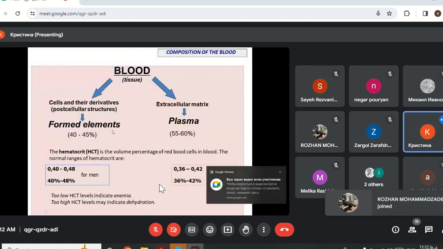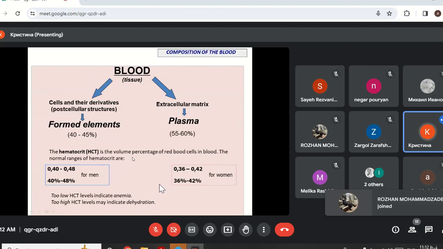We have the so-called hematocrit, HCT, which shows the volume percentage of red blood cells in blood. So it's the rate of the formed elements of blood, how much volume all the formed elements take in blood.